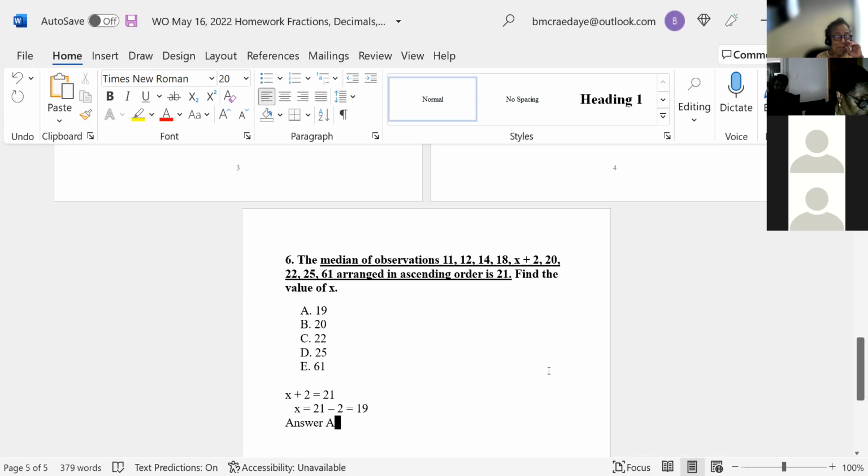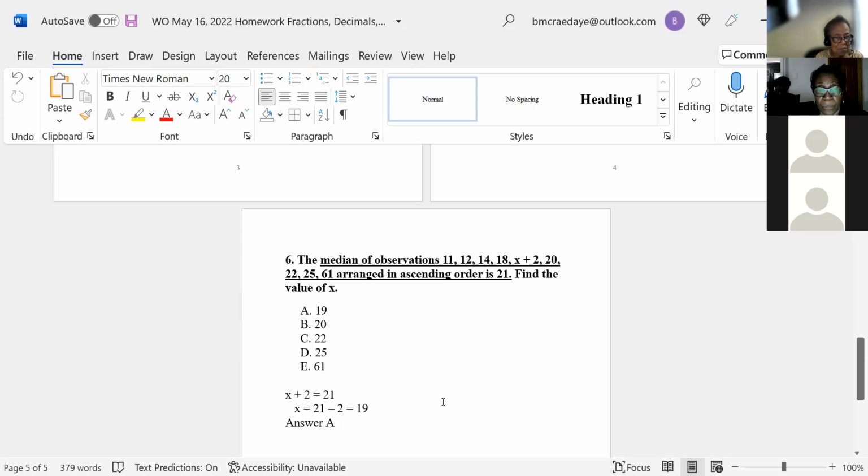Miss, I don't get it. Well, it's an odd set, right? So you have 4 and 4. I'm sorry, you have 9 items, right? So the one sitting there in the middle is the median. Oh, I see. So X plus 2 is 21, and 21 minus 2 is 19.